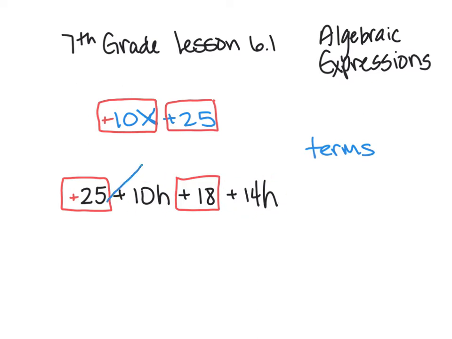So I'm going to do a different shape for them so our brains can see the difference. Those two are like terms, and I am allowed to add together my like terms. Here, with the 25 and the 18, I can add those together and I would get 43.